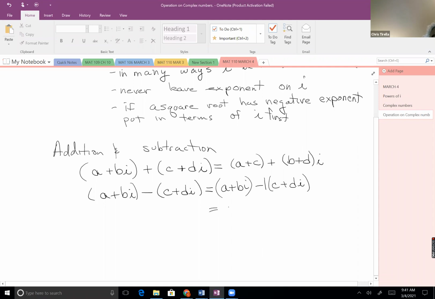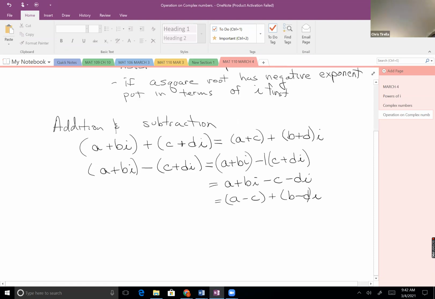And think of distributing: a plus bi minus c minus di, and combine to get a minus c plus b minus d times i. And so it's just very, very much like adding and subtracting polynomials in one variable.